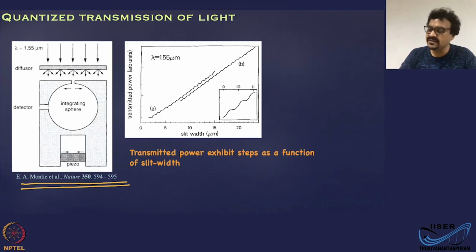So this quantized behavior of transmission of light or transport of electrons depends only on the wave nature of the electron and the quantization condition in the constriction. And this is the beauty of the quantum behavior of electrons or photons.